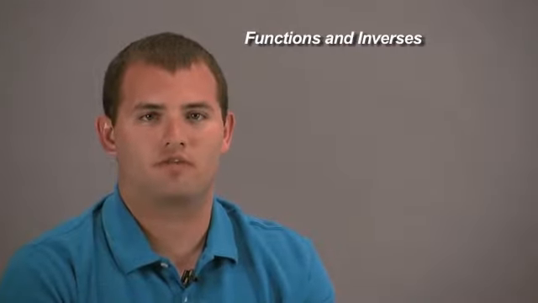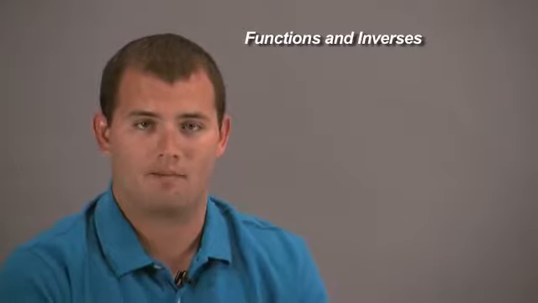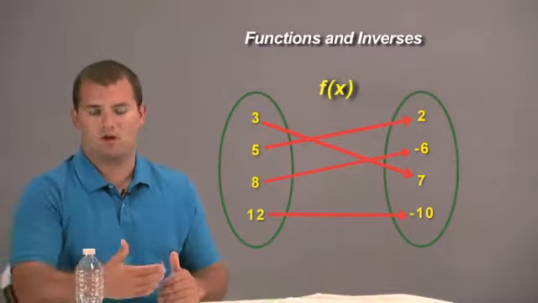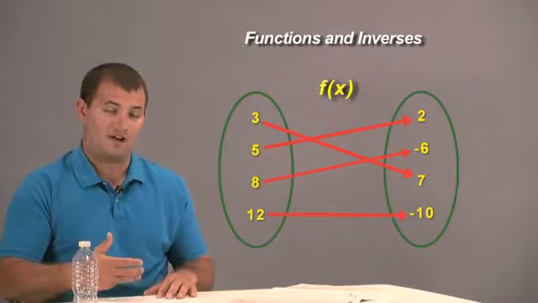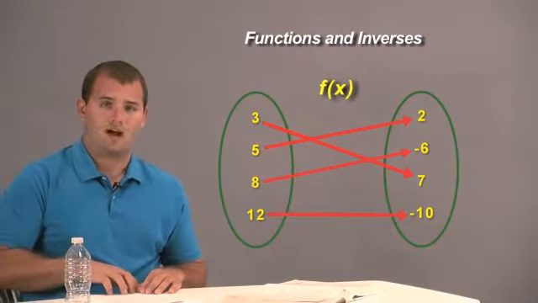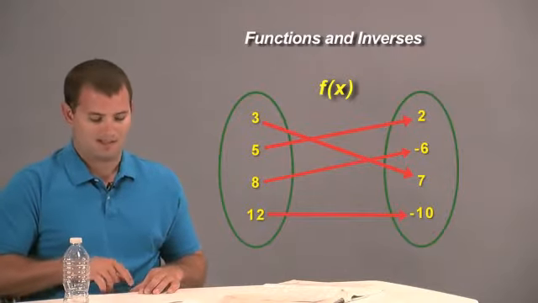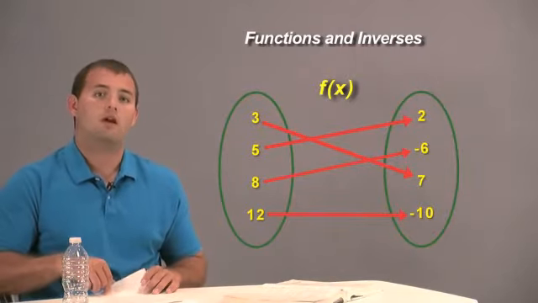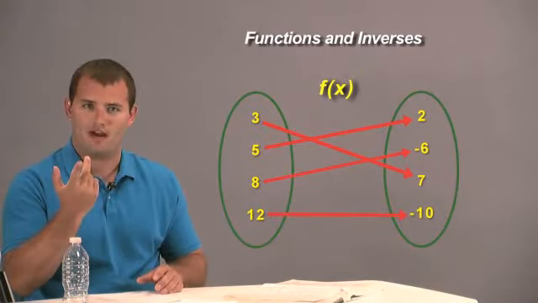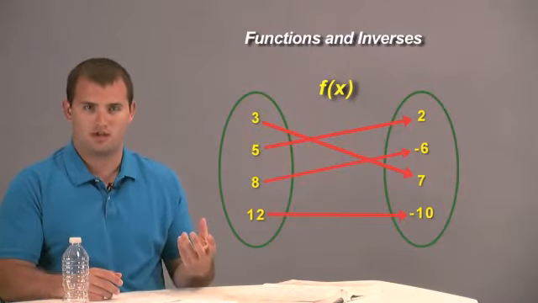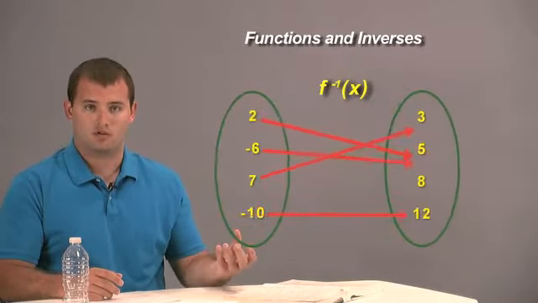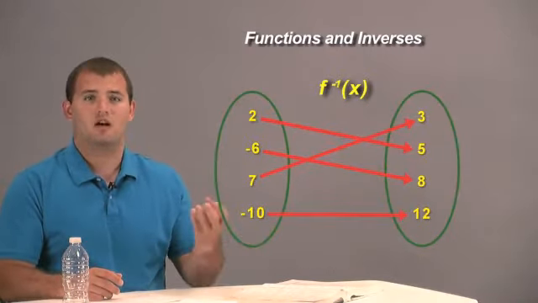Okay, let's look at another way of using tables, and this time we're going to use a diagram. Here's a diagram of some function f of x that maps some x's to some y values, and here the x values are 3, 5, 8, and 12. And f of x maps 3 to 7, it maps 5 to 2, it maps 8 to negative 6, and it maps 12 to negative 10. Okay? We're asked to find the inverse of this function. And so all we have to do is flip the x and y values. So the x values for the original function now become the y values of the inverse function, and the y values of the original function now become the x values of the inverse function.